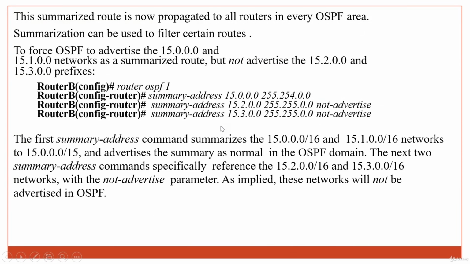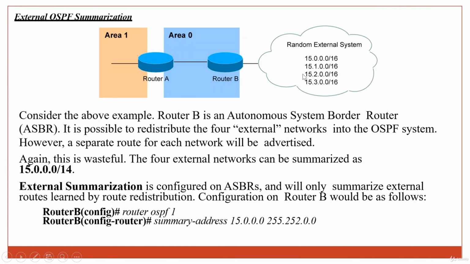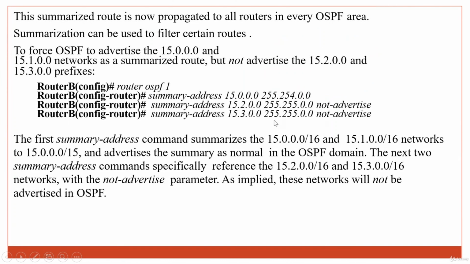Now here is one use case in ASBR summarization: if you don't want to advertise certain prefixes, you can go specifically to that particular network and use the keyword not-advertise. If you use not-advertise, obviously these networks will not be advertised inside OSPF. Okay, so this is the concept related to summarization.